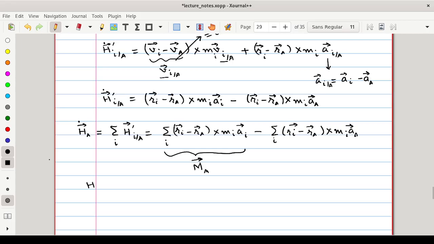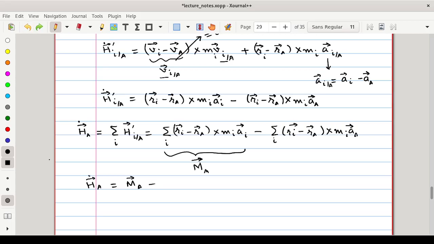Therefore HA prime dot is equal to MA plus, so we will expand this term here, it has a negative sign.